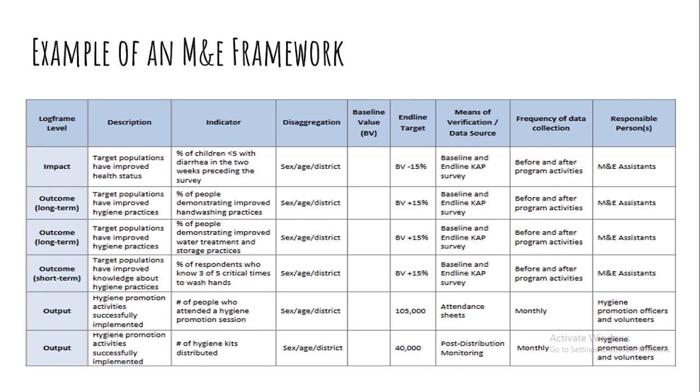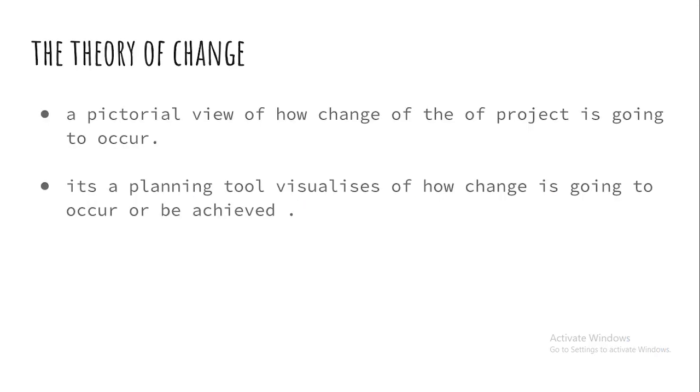These outputs feed into the outcomes, and the outcomes feed into the overall impact or long-term objective. So that is an example of the M&E framework. But as I said, you can look at my video on the M&E framework to study more about this concept.